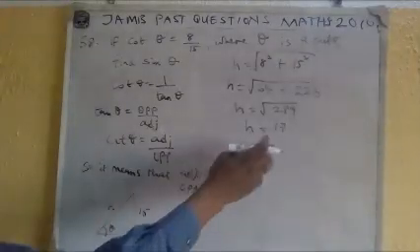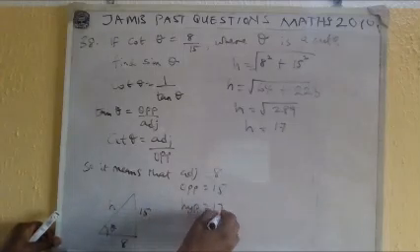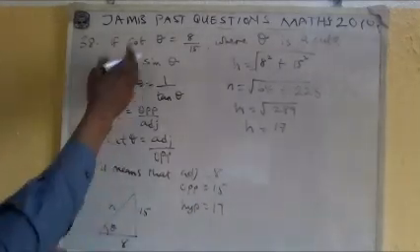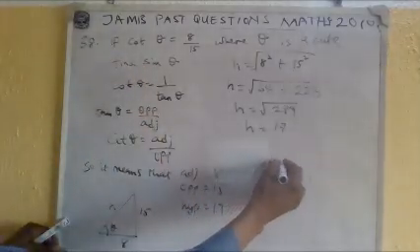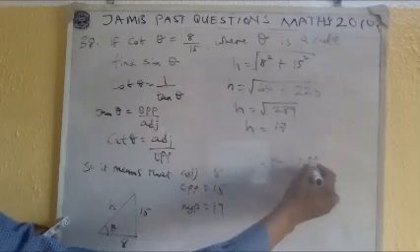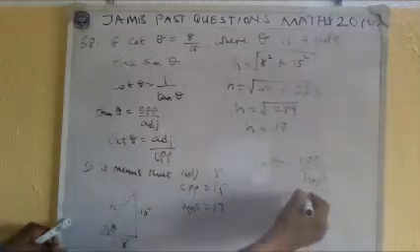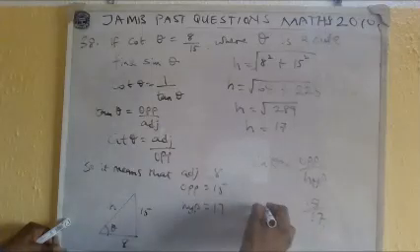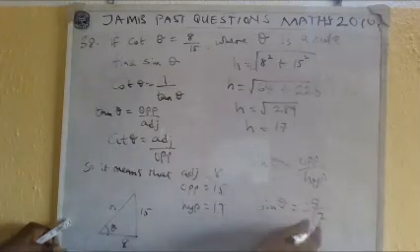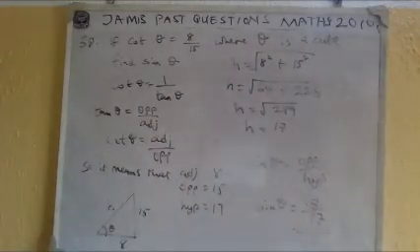So if I've gotten H, I'll put it here. I've gotten all 3 sides. So how can sin theta be found now? Sin theta is opposite over hypotenuse, where opposite is 15 and hypotenuse is 17. So sin theta is 15 over 17. That's the answer.